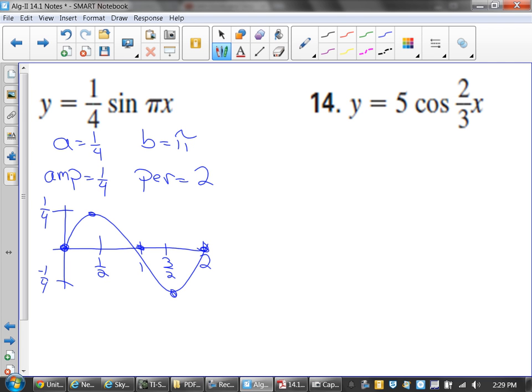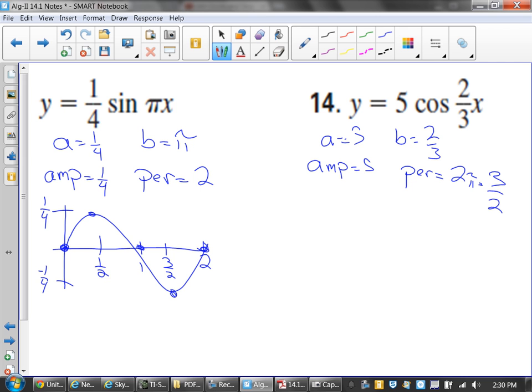5 cosine of 2/3 x. Well, my A value is 5. My B value is 2/3. So that gives me an amplitude of 5. And the period is going to equal 2 pi times 3/2. What I did there is I multiplied by the reciprocal since it was a fractional amount, instead of writing out 2 pi divided by 2/3.